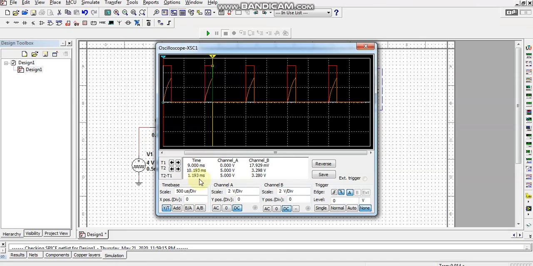And for the waveform, what is the time period? If I place it here, the time period is 1 millisecond. And this is the output of a monostable multivibrator using Multisim.